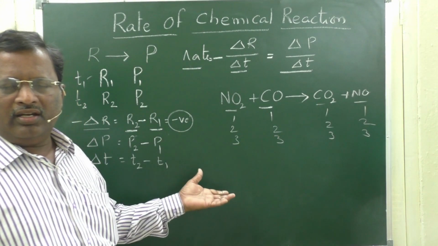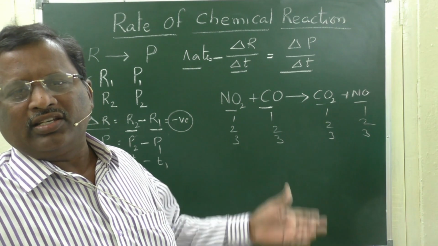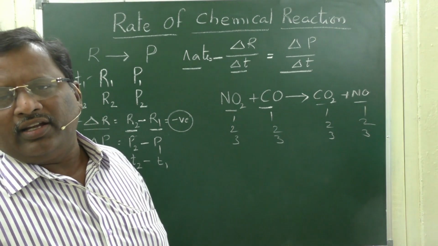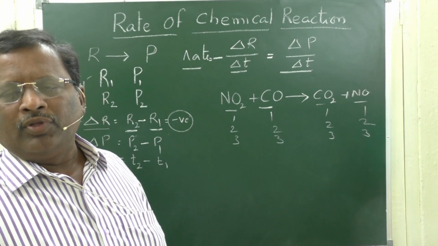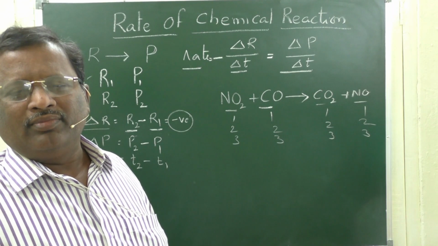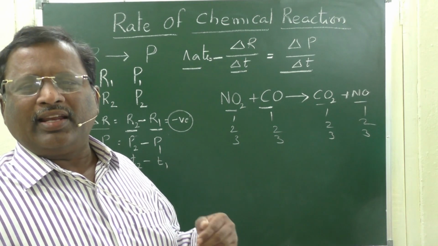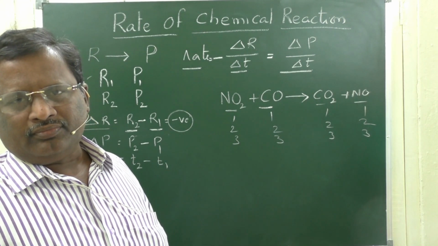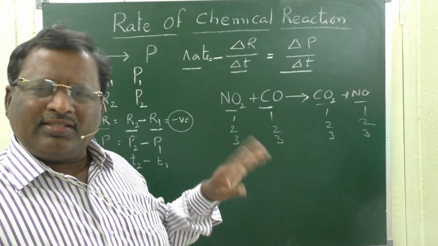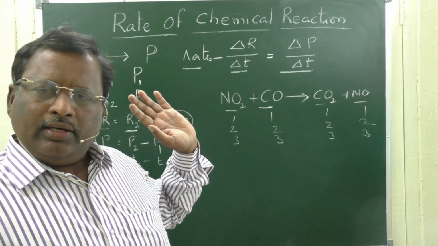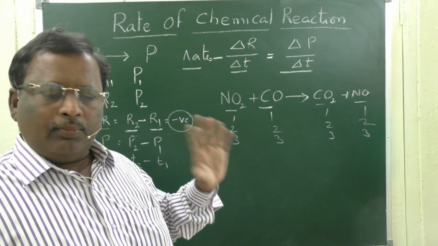So in a given interval of time, the change in the concentration of any one of the reactants or any one of the products is the same. So change in concentration by time is the rate of the reaction. So we can express the rate with respect to any reactant or any product.